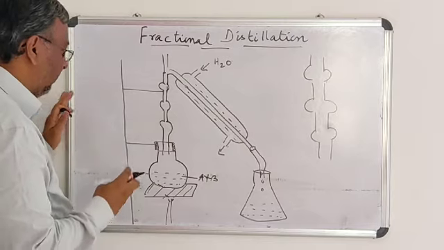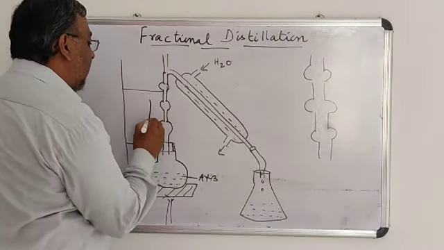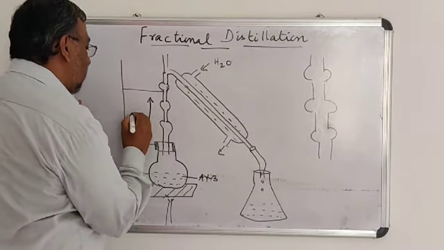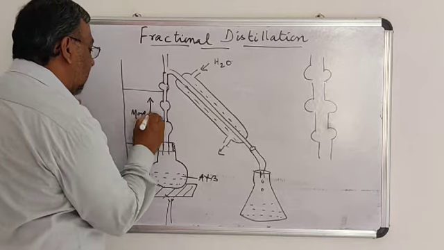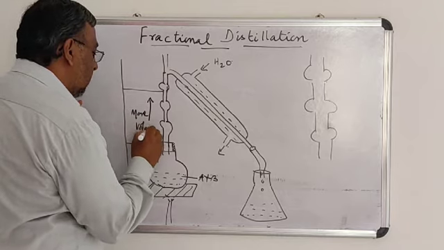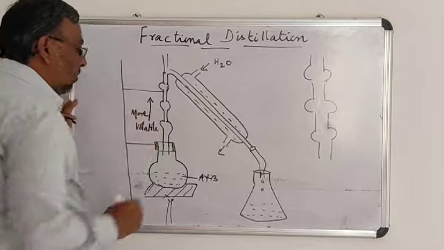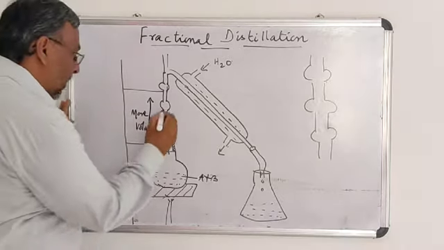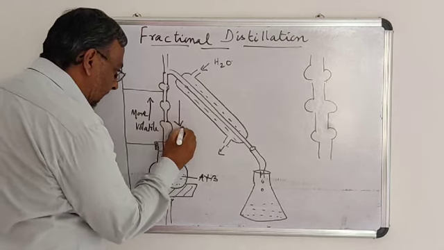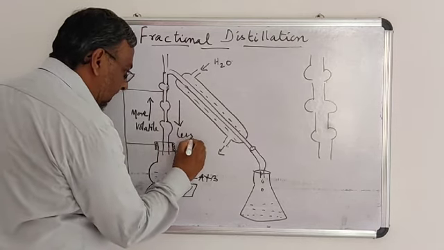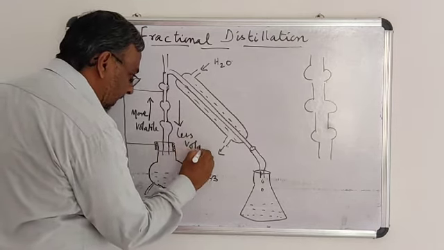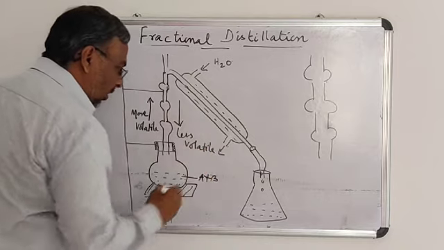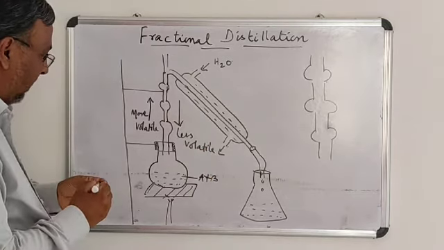Then the more volatile liquid goes upward in an ascending manner, and the less volatile gets condensed and comes down after condensation.